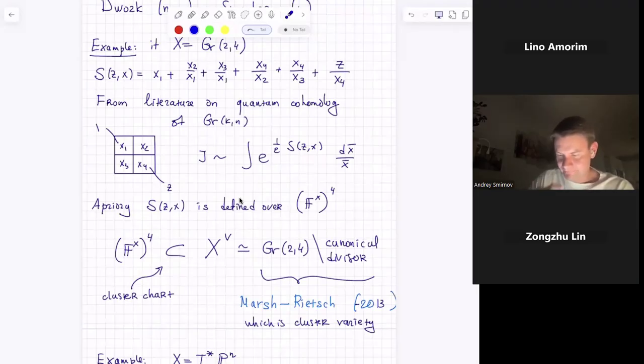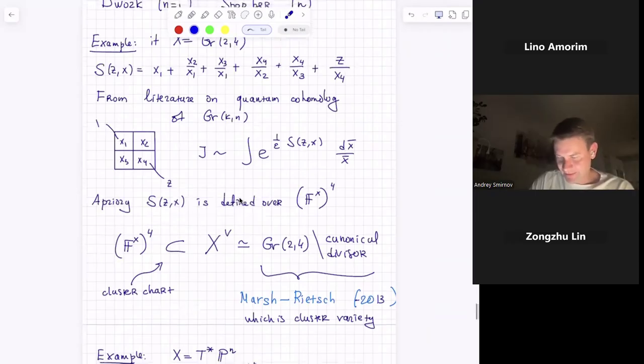And you said the cluster variety, there's the X variety or the A variety. Which one? I'm saying that this thing is a cluster variety, so it's covered by tori, and this is just one of these charts. Okay.